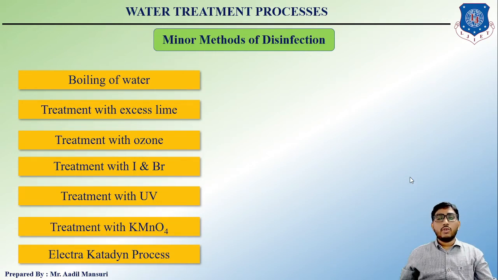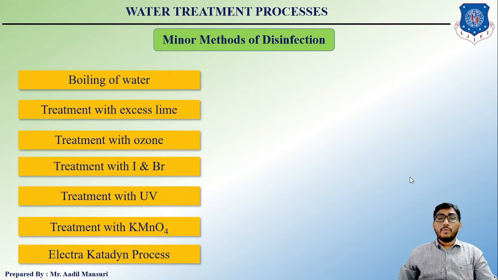Talking about boiling of water, the bacteria present in water can be destroyed by boiling it for a longer period of time. It is an effective method of disinfection, but it is not practically possible to boil huge amounts of public water supplies, right?